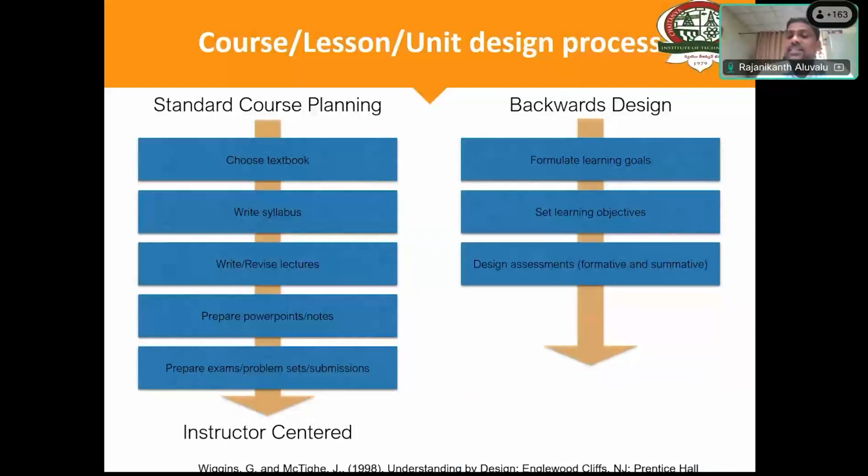Then design assessments. When your outcomes are in place, we need to design the assessments first, both formative and summative. Before offering that particular course, the assessments need to be designed such that they will measure the outcomes or the objectives that are in place.